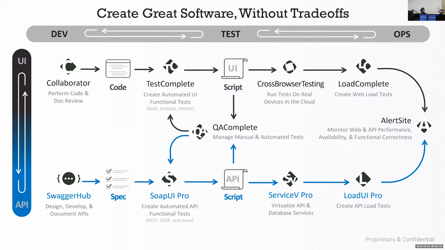And as you can see, QAComplete fits right in the middle, managing as that central hub. It can be used for both UI tests as well as manual and automated tests. You can even take SoapUI tests and put those into QAComplete.